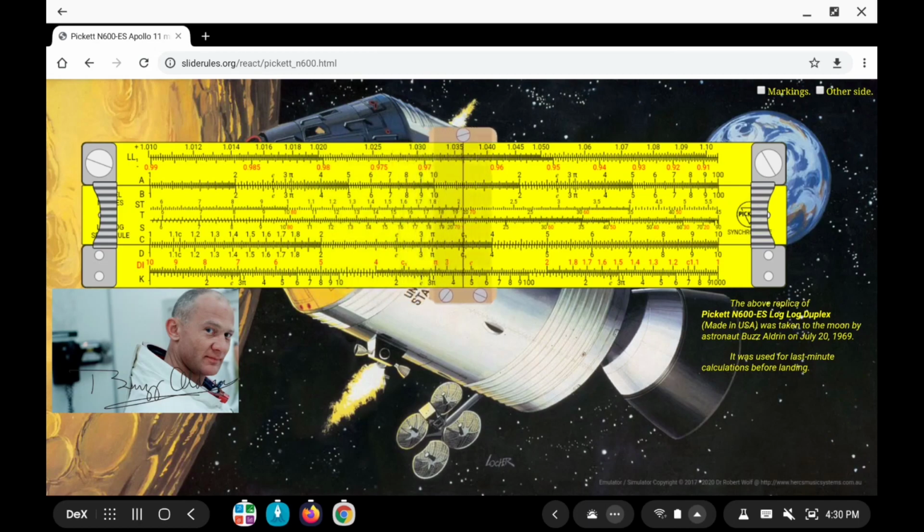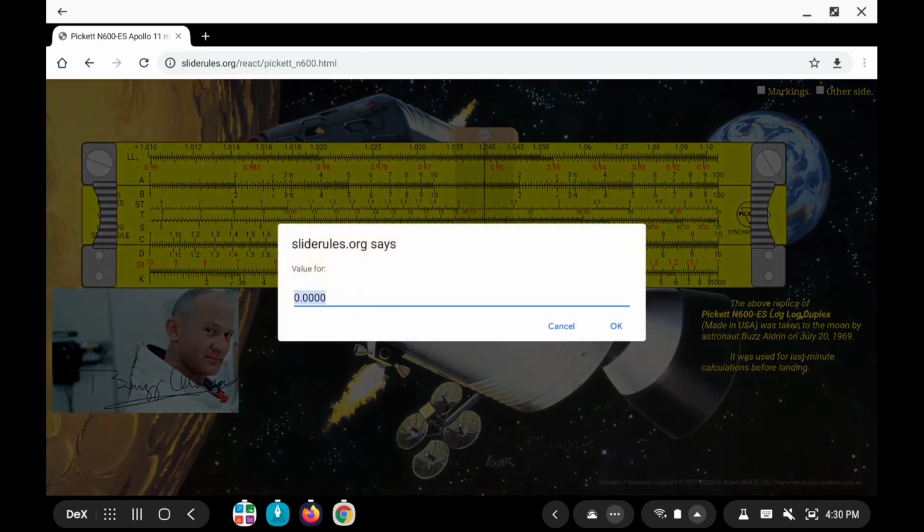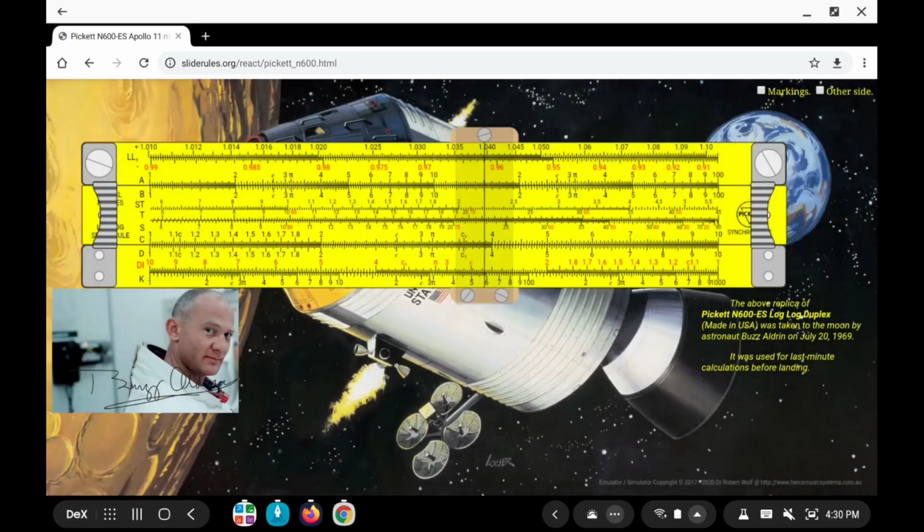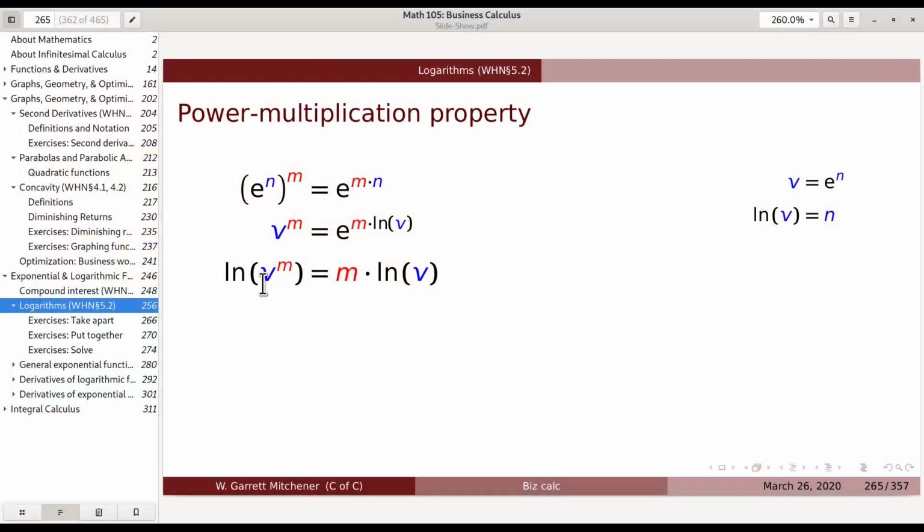And then I could go up, let me see if I can find the 16. There's 15, so this must be 16 on the B scale, and that translates into 4 on the C scale. What's happening there is that we're using the fact that ln of v squared is 2 ln of v. Or you can think of it, ln of v to the 1/2 is 1/2 ln of v.